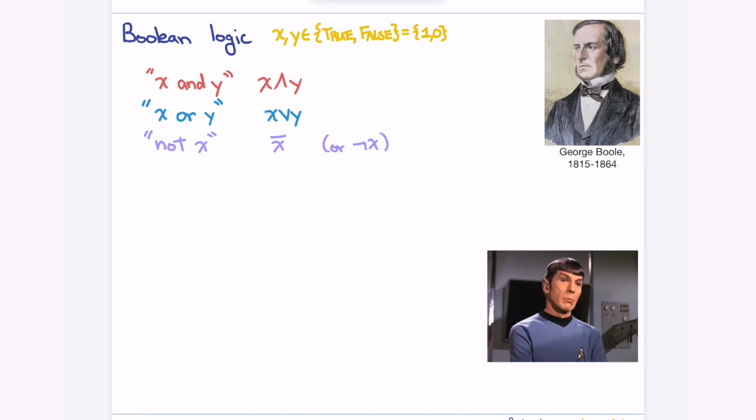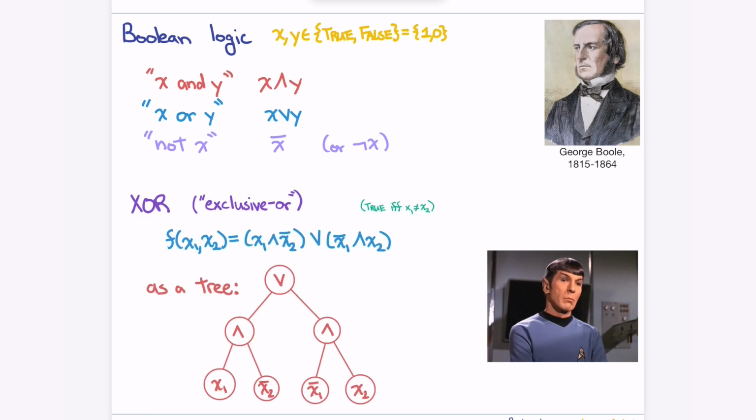You know this, right? For example, exclusive or, is exactly one of these two things true? That can be broken down into ANDs and ORs and NOTs. Each of these formulas I can draw out as one of these trees.